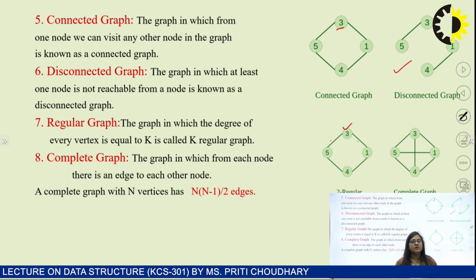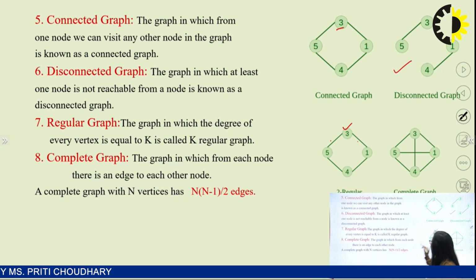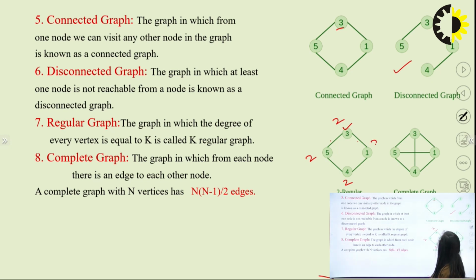Regular graph means each and every vertex has the same degree. 3 has degree 2, 5 has degree 2, 4 has degree 2, and 1 also has degree 2. So all vertices of this graph have degree 2, so it is called a regular graph.